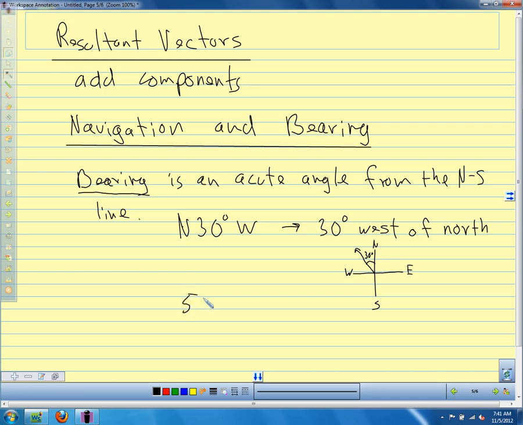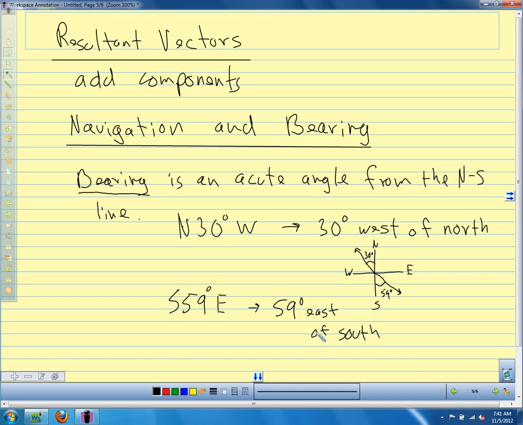Another example, south 59 east. This is 59 degrees east of south. So this bearing would be down here like so. So that's what these two angles would refer to. I always read them kind of backwards.